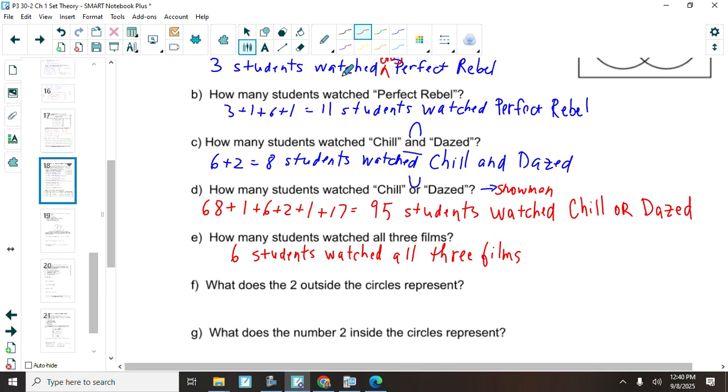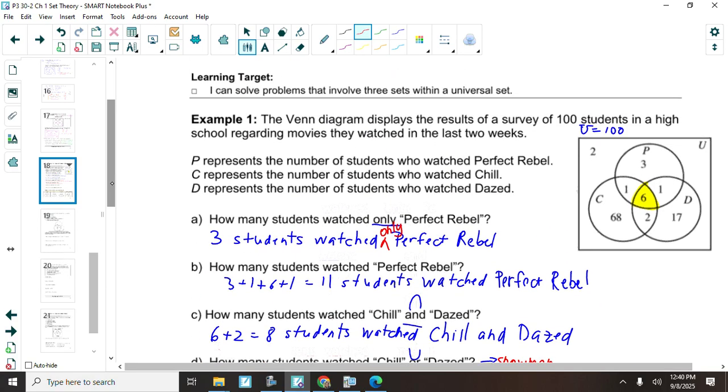What does the 2 outside represent? The 2 outside of all the circles. That's my pen. What does that 2 outside represent? Okay, Cole. Yeah, 2 that watched any.